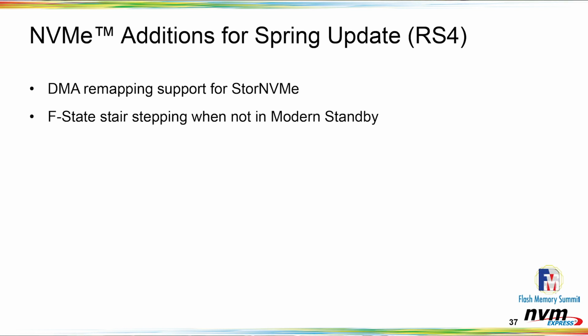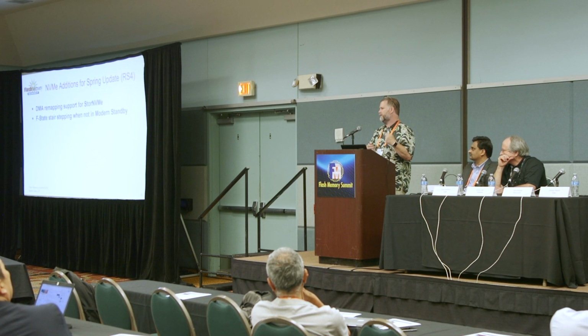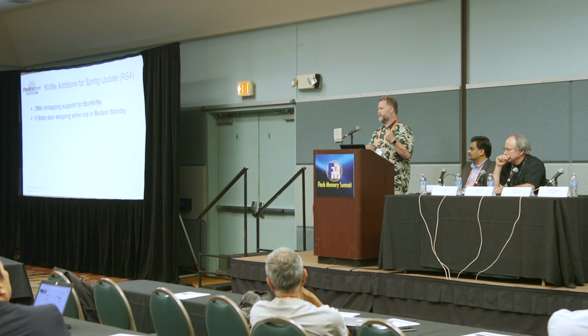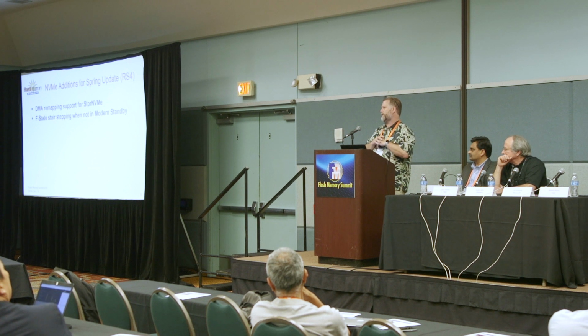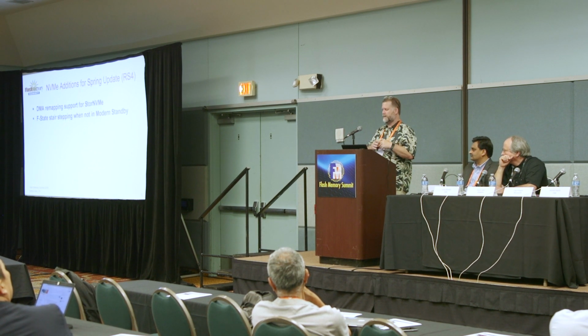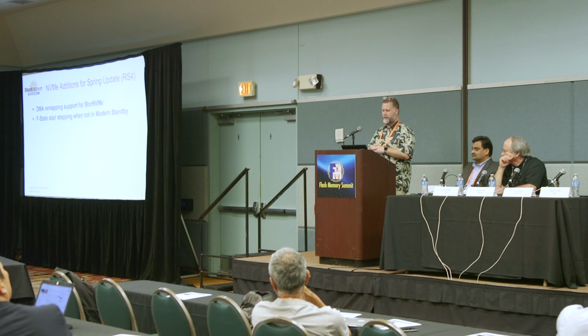In the case of DMA remapping, this is how we protect from drive-by attacks through DMA. You could think of somebody pulling something in on a Thunderbolt bus and trying to snoop DMA space, pretending to be a device. With DMA remapping support in all our different storage and PCI drivers, we block all that. So that's a security measure.